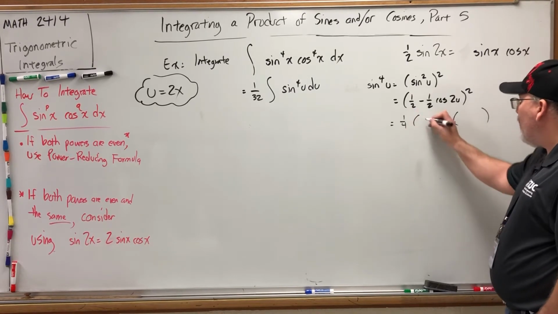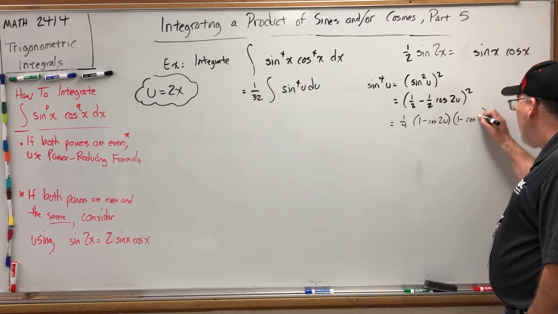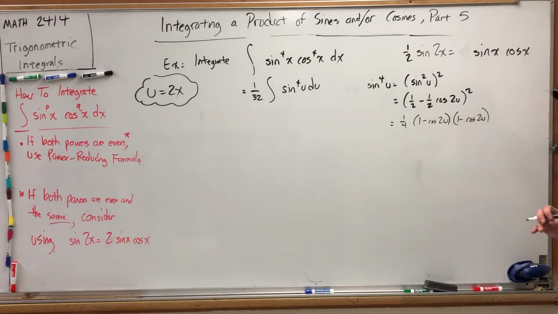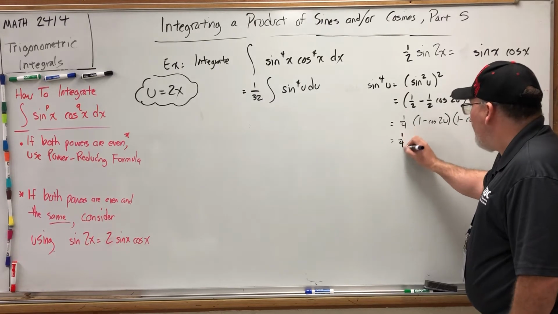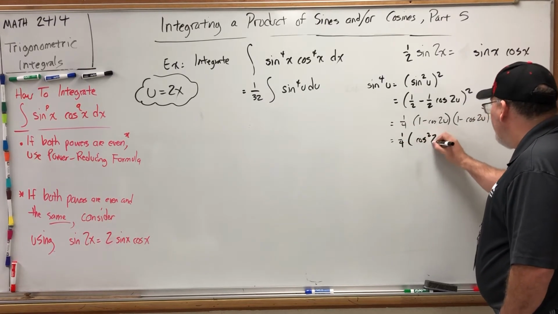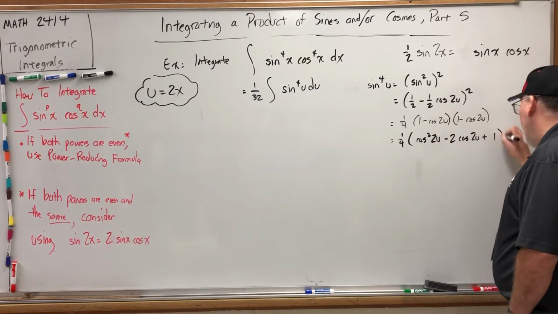And when we pull out the 1/2, we get 1 minus cosine 2u. I just think it's easier to multiply binomials when they don't have fractions. I can do it with fractions, don't get me wrong, you should be able to, but it just makes it a little bit more tolerable. 1/4, and let's not dilly-dally, this is cosine squared 2u minus 2 cosine 2u plus 1.